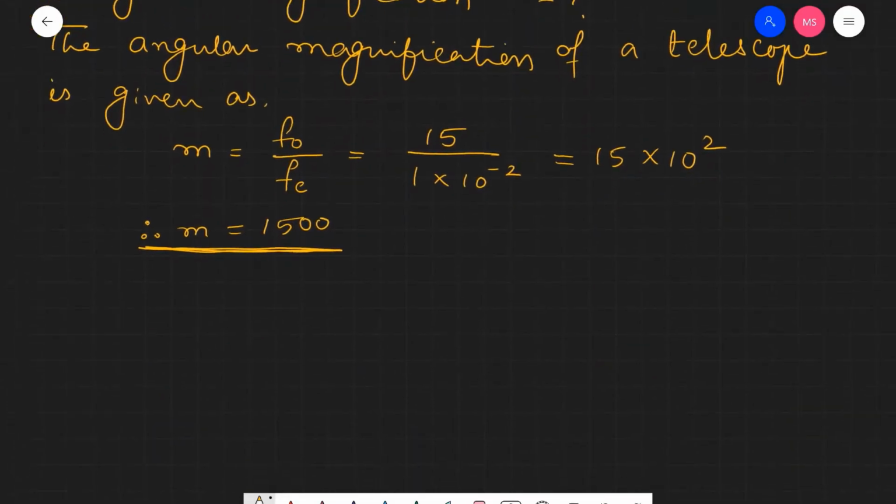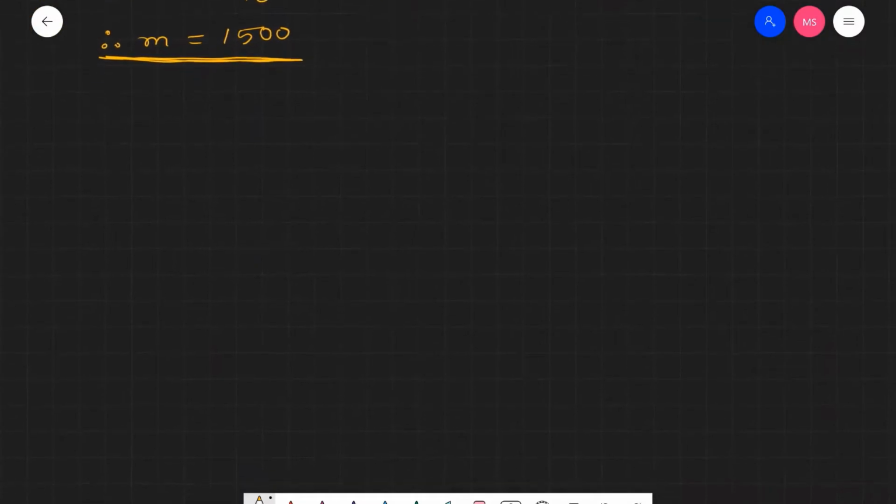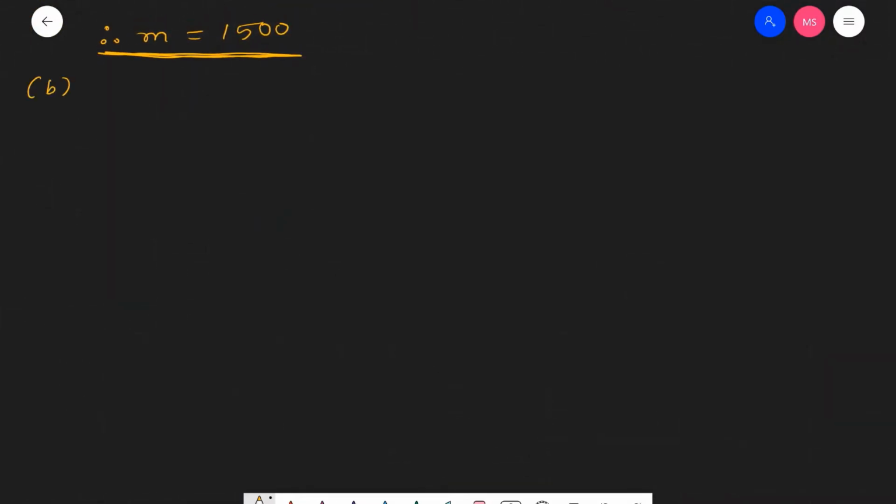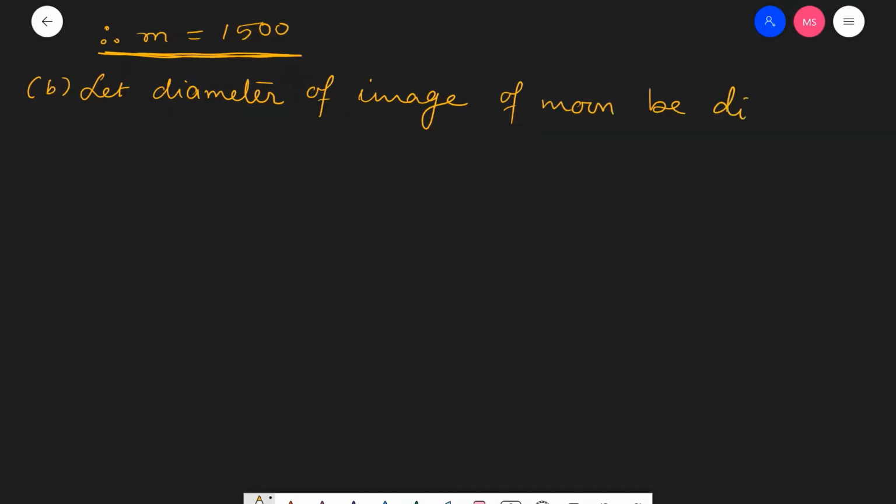Now in second case we have to find diameter of image of moon. So B, let diameter of image of moon be di, which we have to find.